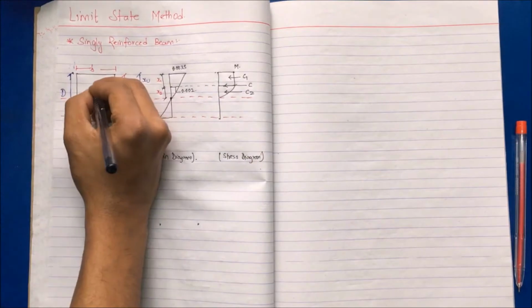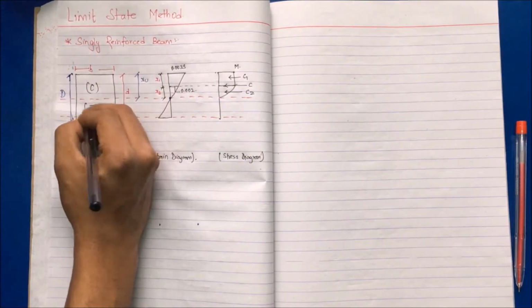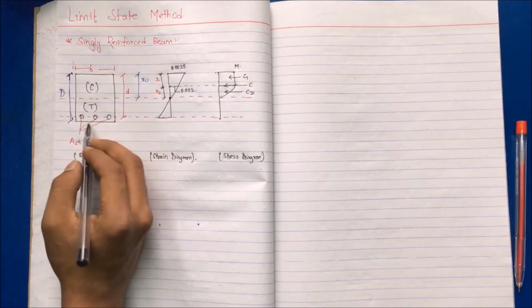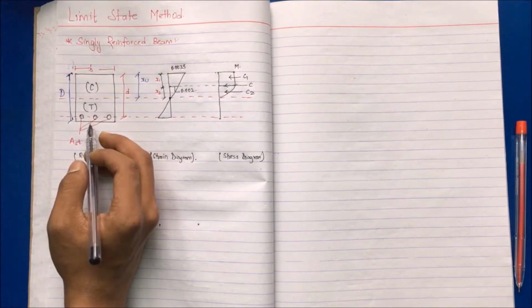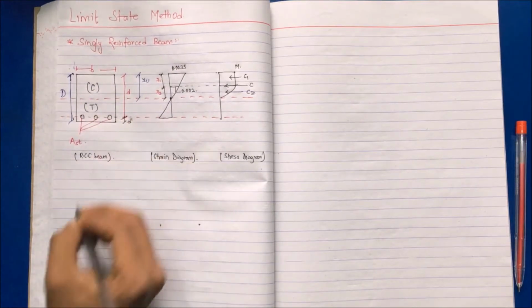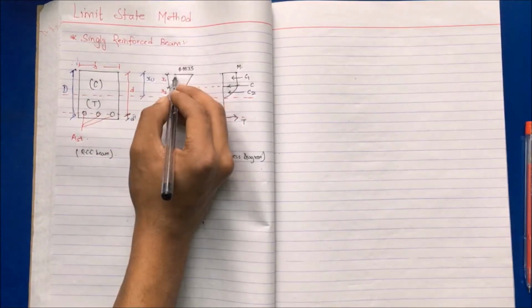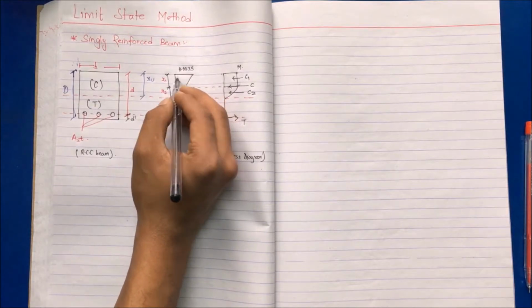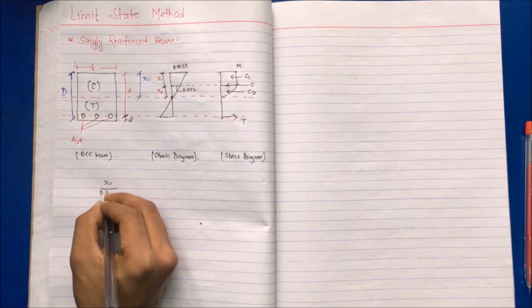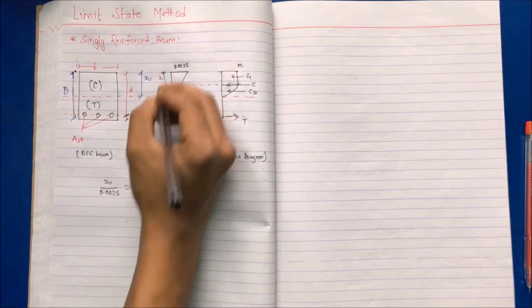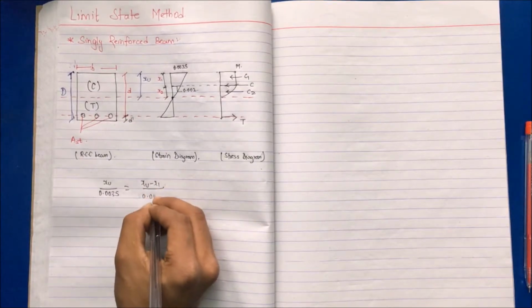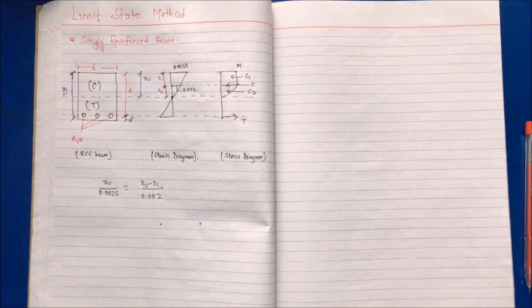Now as we know, the upper portion is the compression zone and the lower one is the tension zone, and concrete is very much weaker in tension, so reinforcement is provided in the tension region. Now that is D minus d, the effective cover. Now applying similar triangle properties in the upper triangle of the compression region, xu divided by 0.0035 is equal to x2 divided by 0.002, but x2 is equal to xu minus x1.